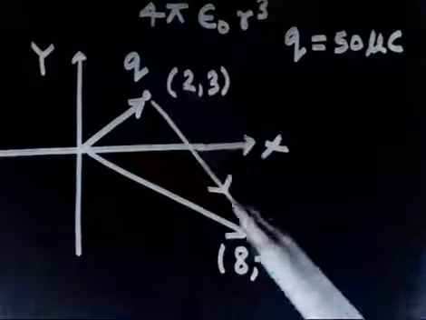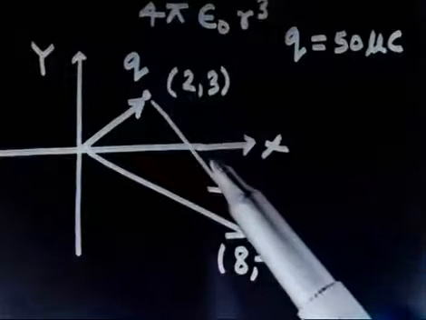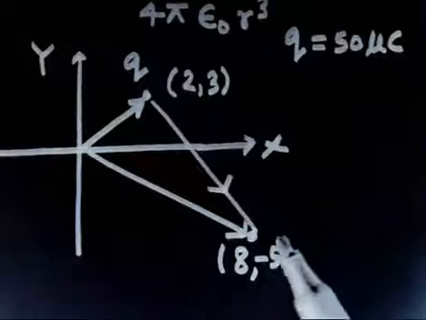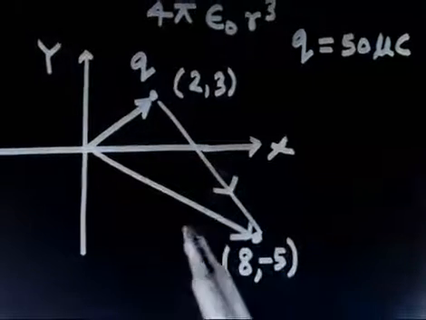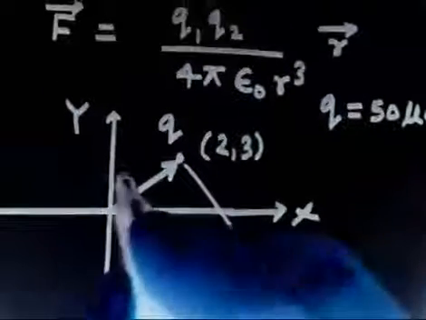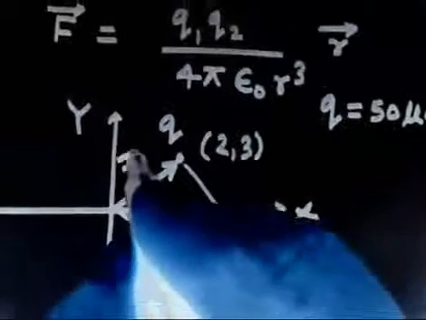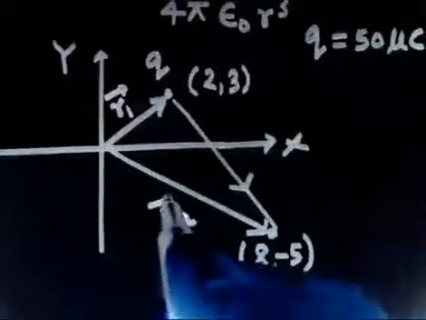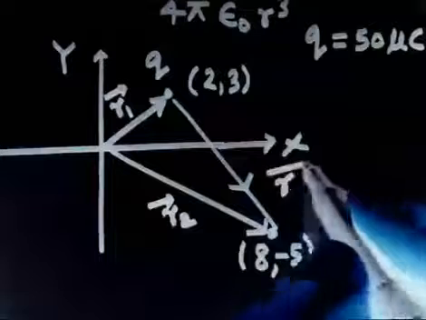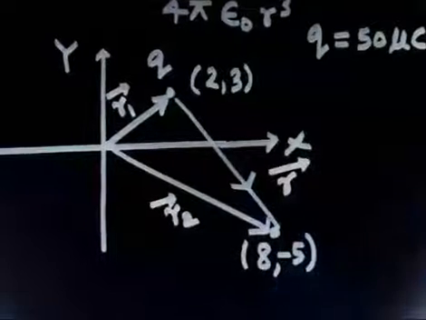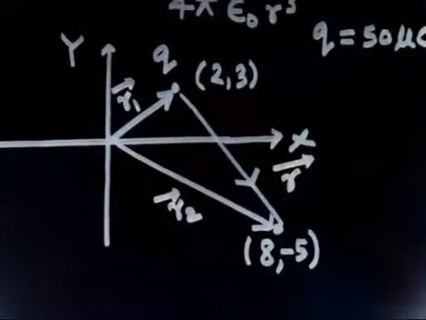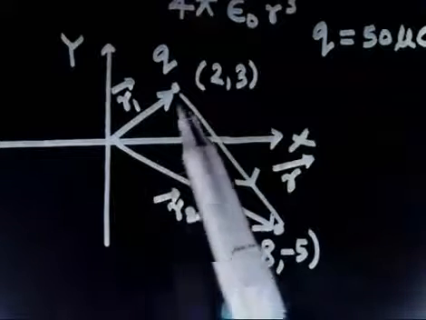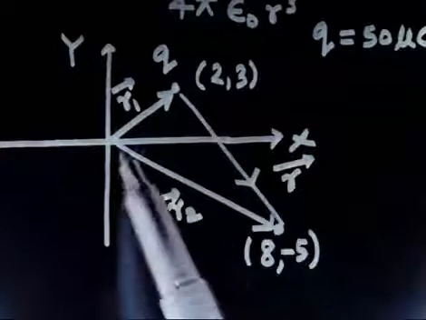Now what is this vector? You can always find it. Let us call this vector r1, this vector r2, and this vector r. Now I can apply the triangle law: this plus this should be equal to this.